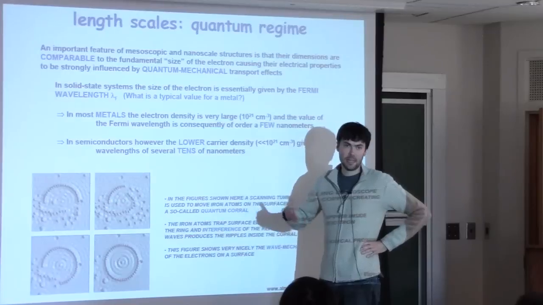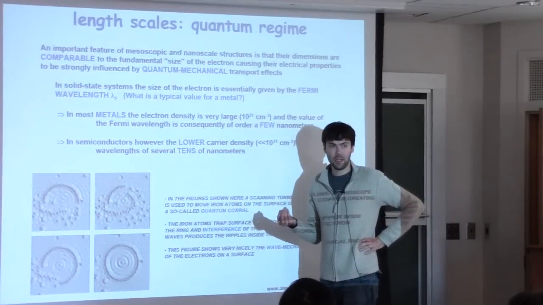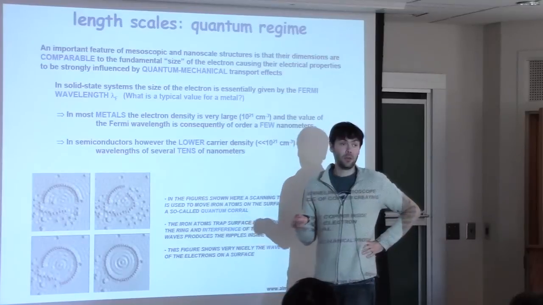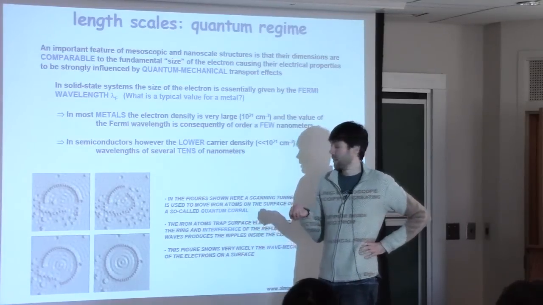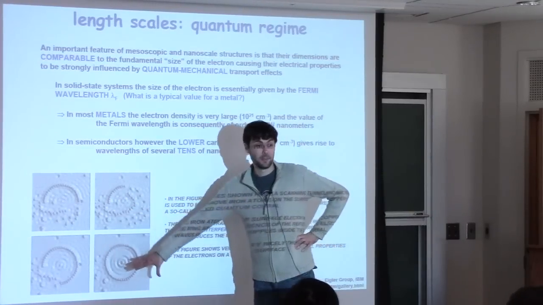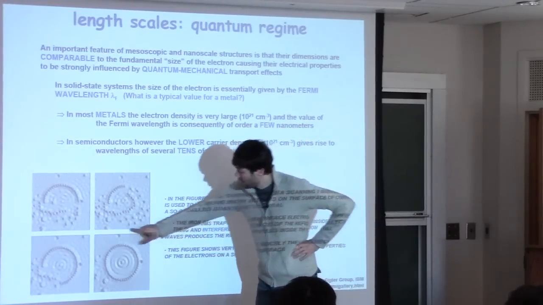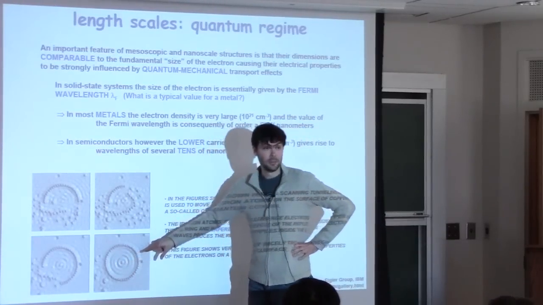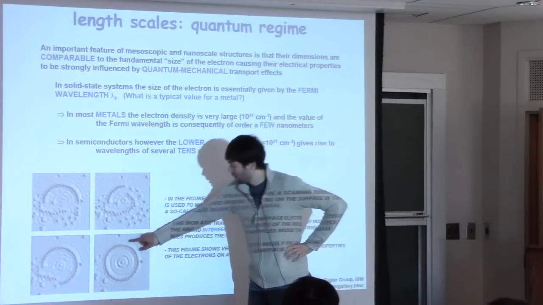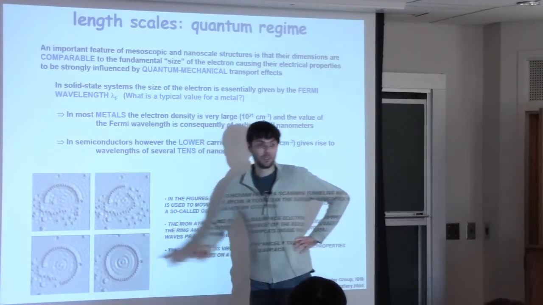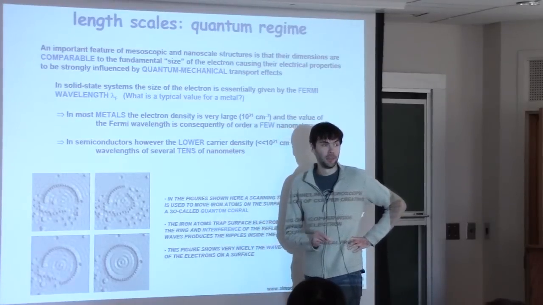And what this scanning tunneling microscope gives you is a density of electronic states as a function of space. So this density of electronic states forms the perfect ripples, these kind of rings, when the quantum corral was enclosed completely.